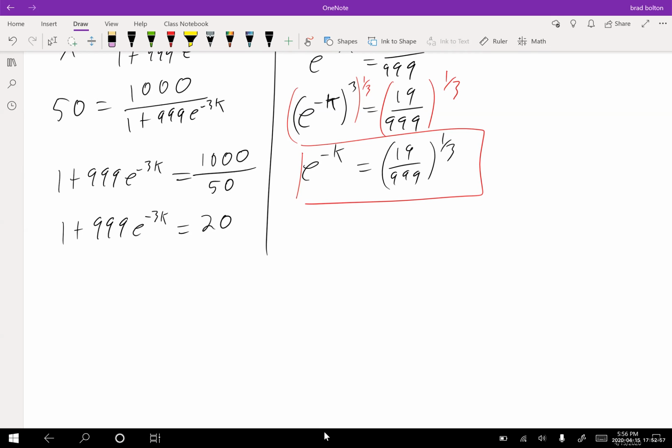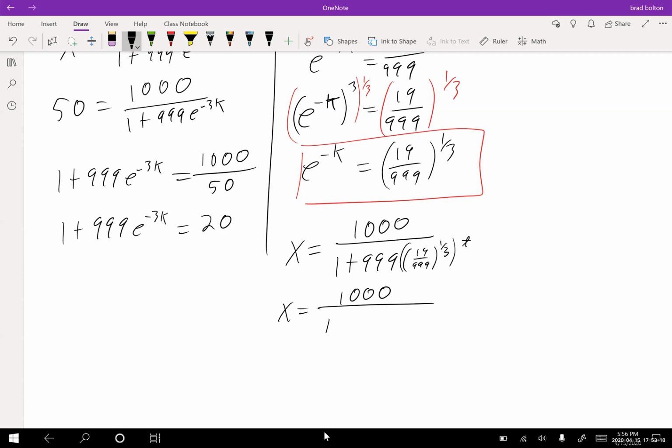Okay, so I think I skipped a step. I don't want to lose you guys on this one. So this is 1,000 over 1 plus 999, 19 over 999 to the 1/3, to the t. So we could clean this up a little bit better. And that's where I got the t over 3 from, okay?